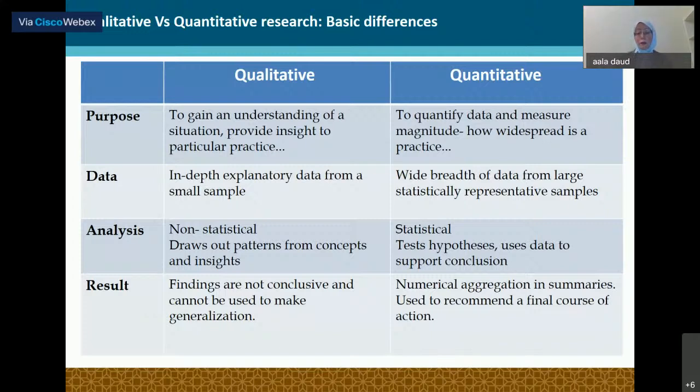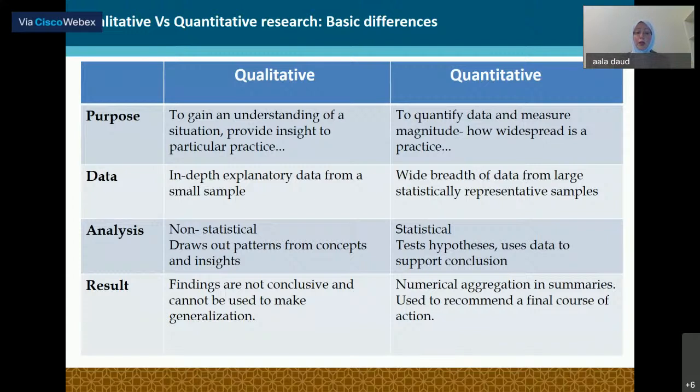When we come to comparing data, qualitative is in-depth explanatory data from a small sample, while the quantitative is a wide breadth of data from large statistically representative samples. So for quantitative, you have a larger sample size and you're trying to collect the data from that.